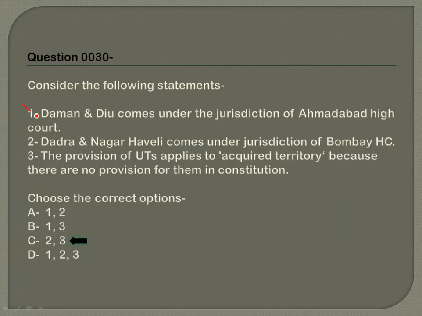The first statement is wrong because it comes under Bombay High Court. Second is correct. Third is also correct because there are no provisions for acquired territories, so the provisions of union territories are applied. So option C is correct.